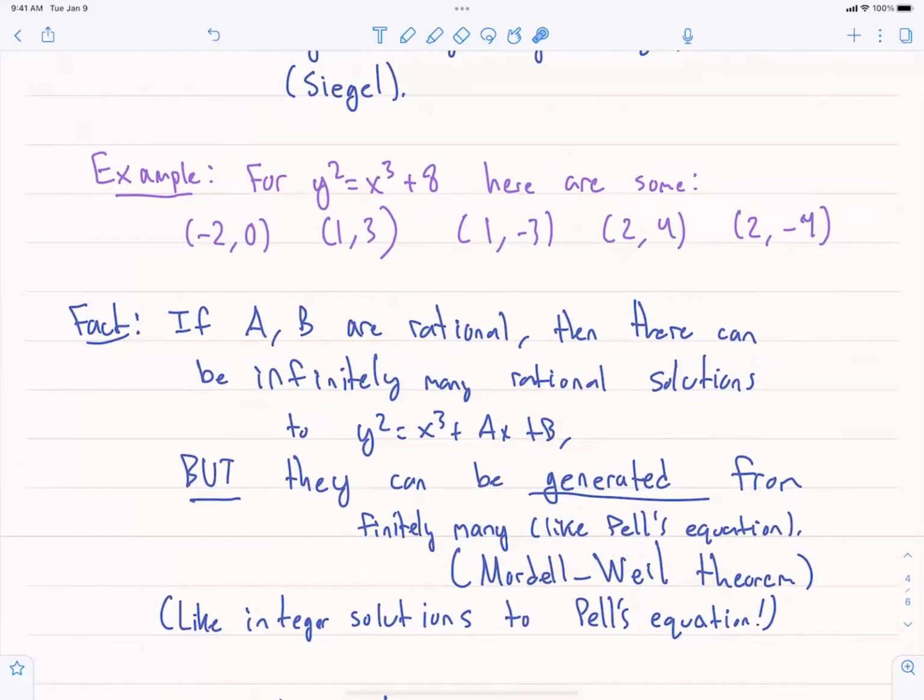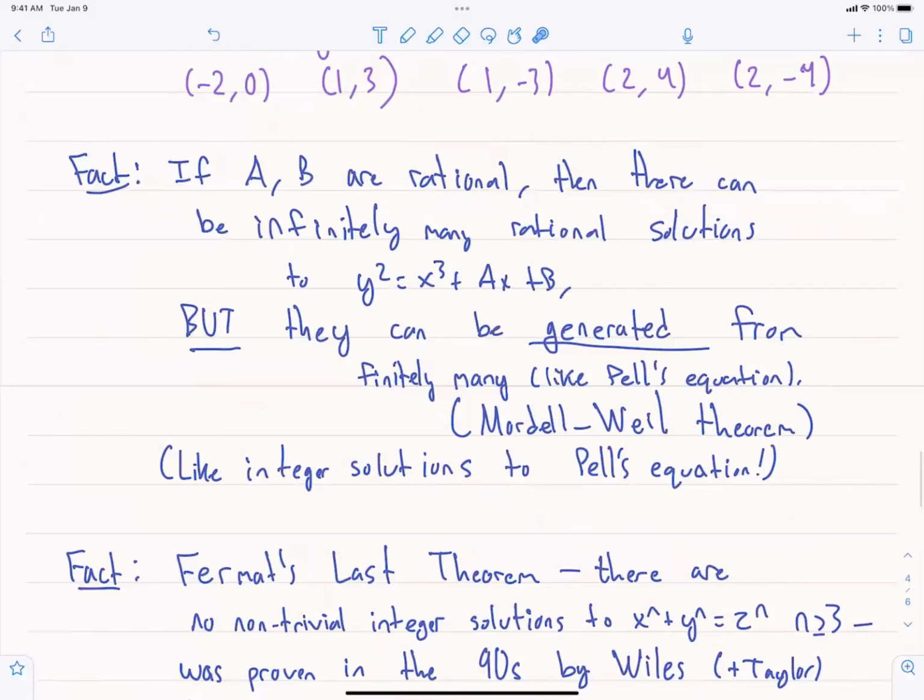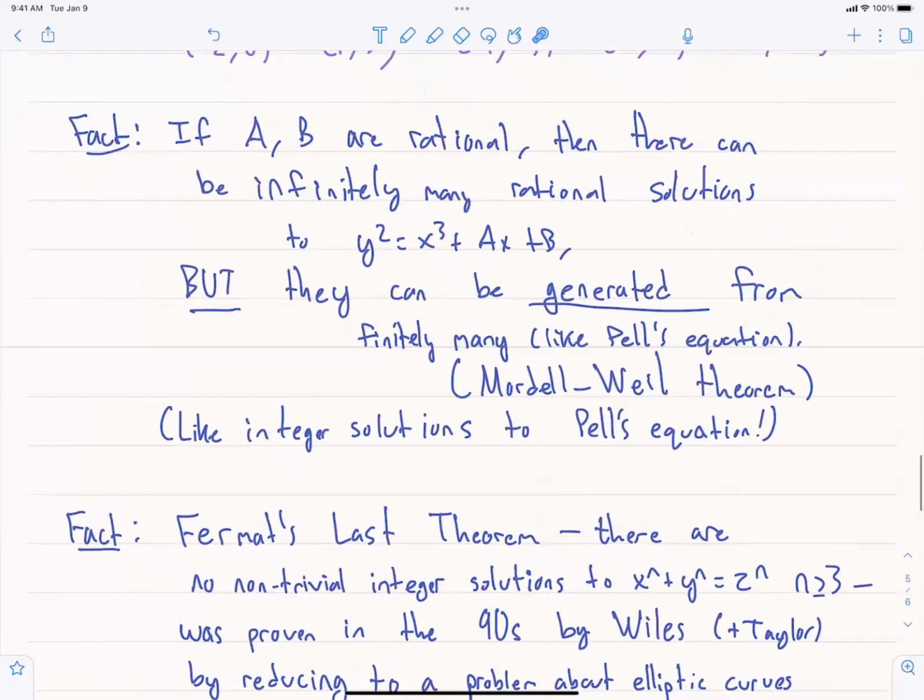It's saying that I can generate all the rational solutions starting from some finite set of them just by iterating this group law. Elliptic curves are very central objects in modern research in number theory, which I think is fun to see.